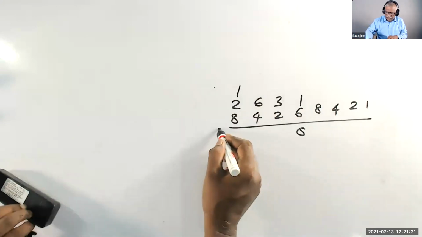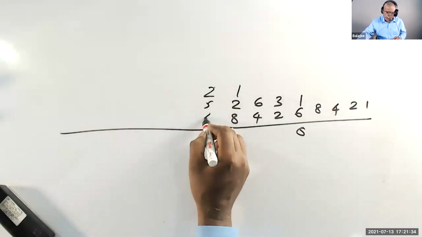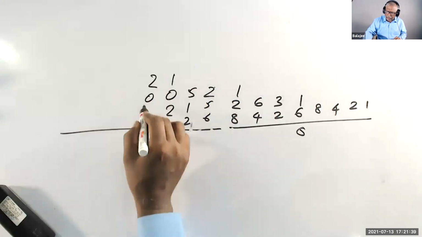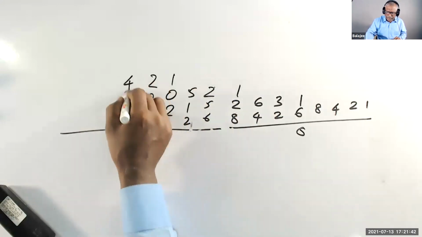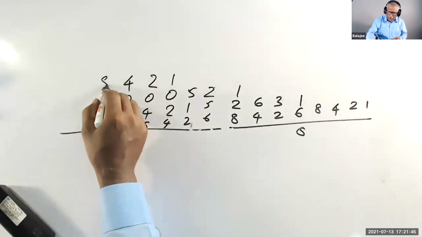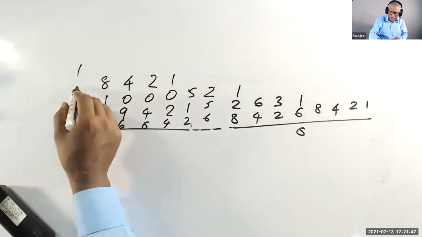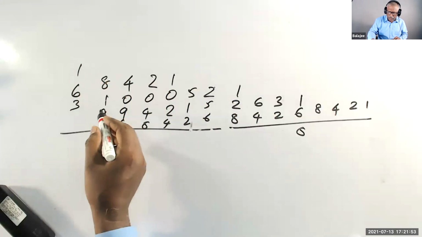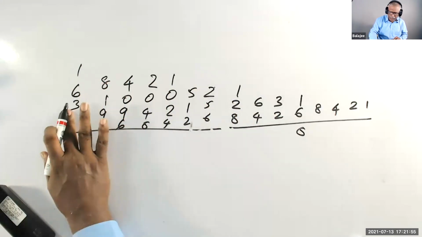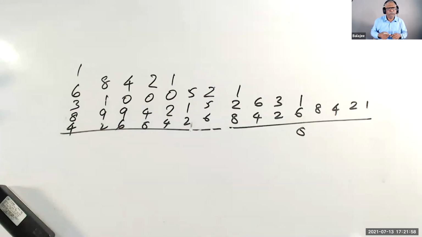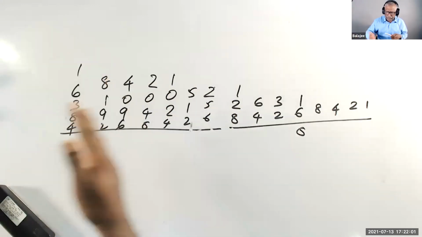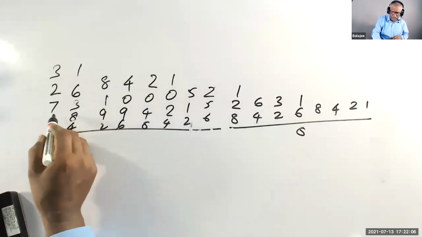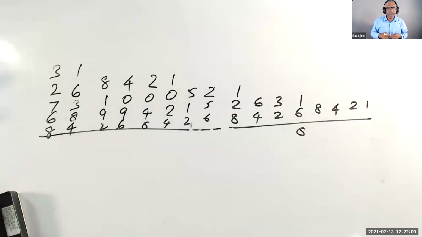If you have more than 8 bits, then 256, 512, 1024, 2048, 4096, 8192, 16384, sorry. You can go on like this. Okay, if you have one more number, 32768. This is a 16-bit number.